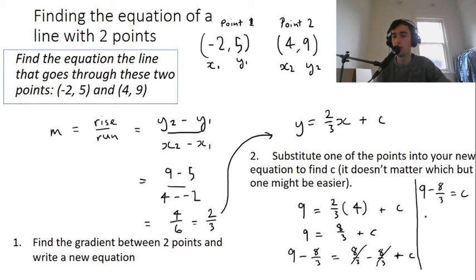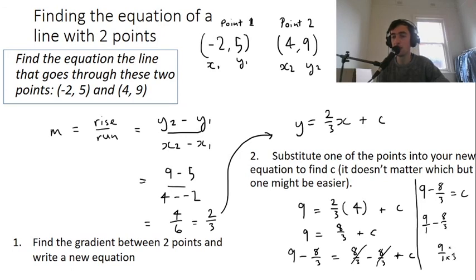So what you have to do is you have to convert this into a fraction, 9 over 1 minus 8 over 3. But that's not even good enough, because these two numbers, the denominators need to be the same. So how do we make the denominators the same? Well, if we have 9 over 1, I need to multiply the bottom by 3 to make it into a 3.